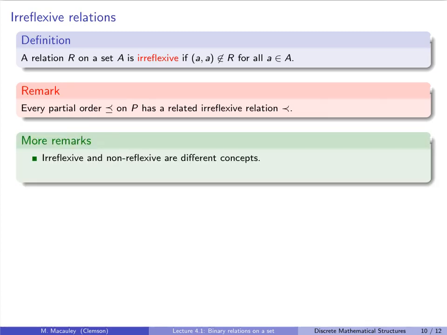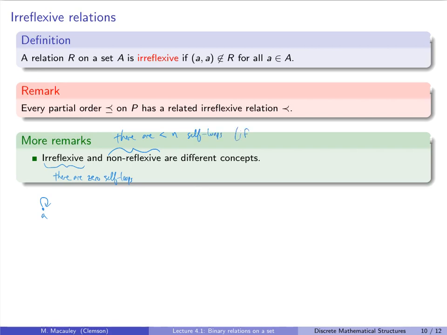Let's make several more remarks. First of all, irreflexive and non-reflexive are very different concepts. So irreflexive just means that there are 0 self-loops. And by self-loops, I mean, remember something like this. There are none of those. And non-reflexive just means that there are less than n self-loops.